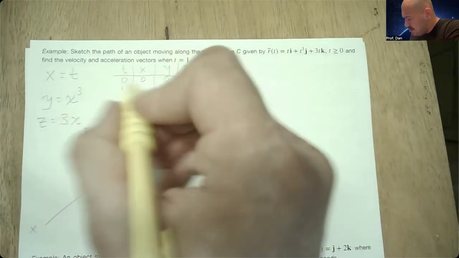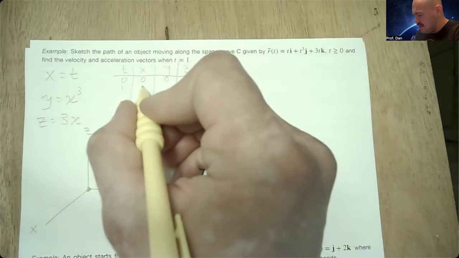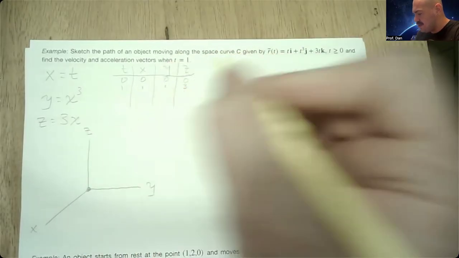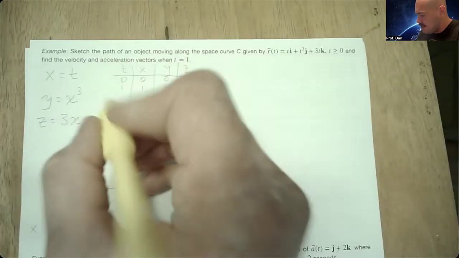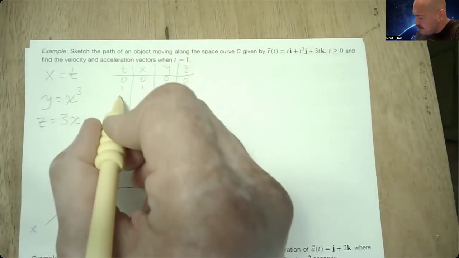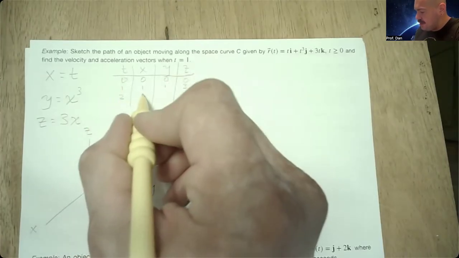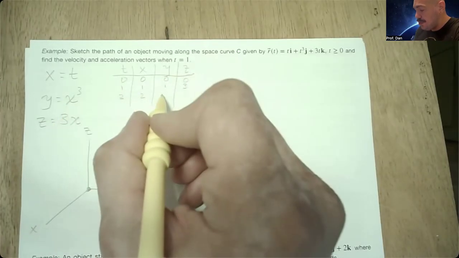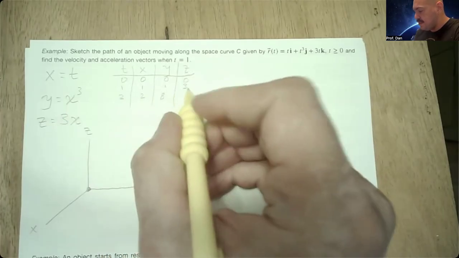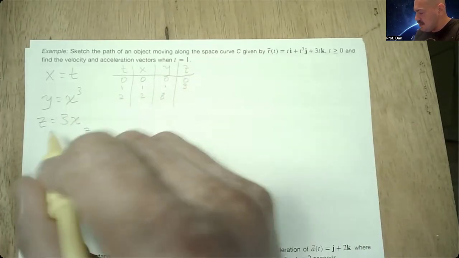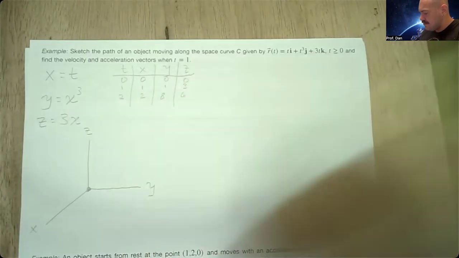If I were to continue, let's say t is 1, that means the x coordinate is 1, the y coordinate is 1, the z coordinate is 3. And if I were to go up more, if t is equal to 2, x is 2, y is 2 to the third, or 8, and z is 3 times 2, 6.